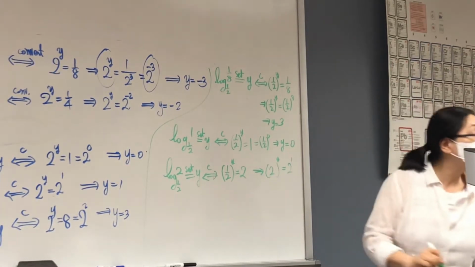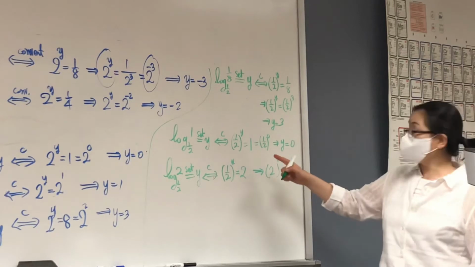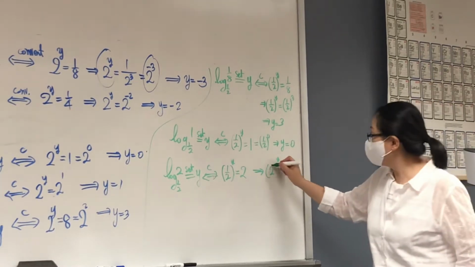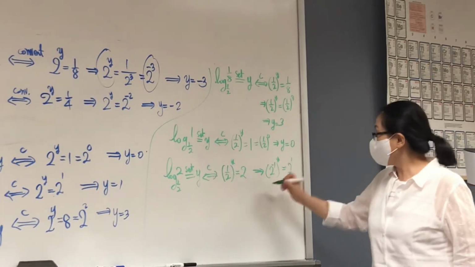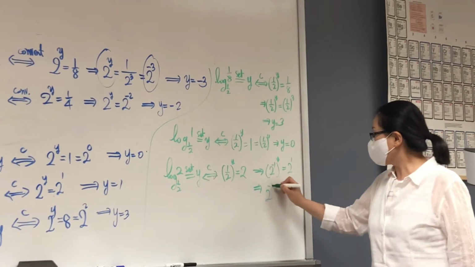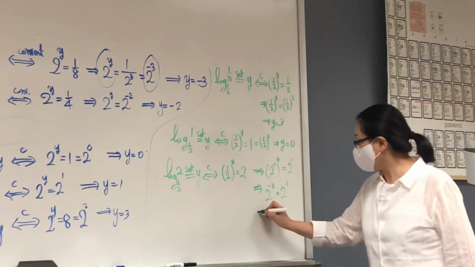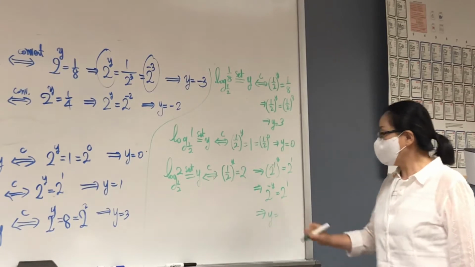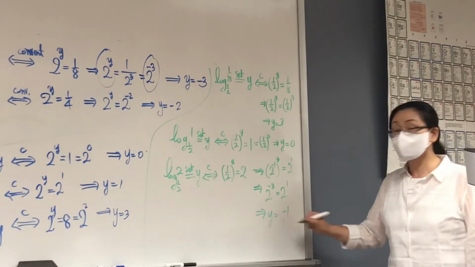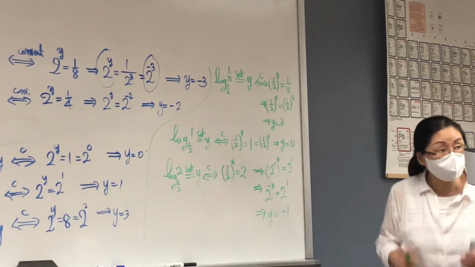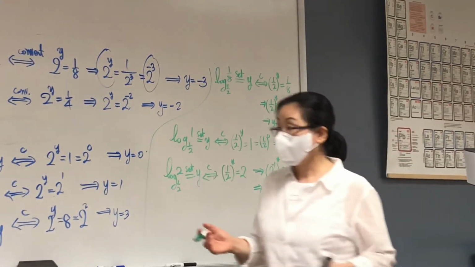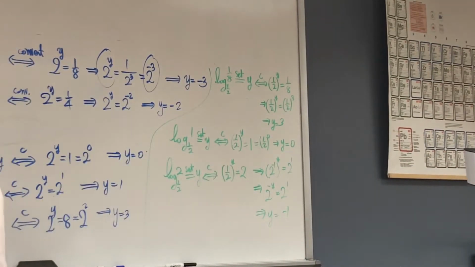Negative 1. Good. And then power over power is what? 2 to the negative y equals 2 to the 1. What is y? -1. Do you understand?